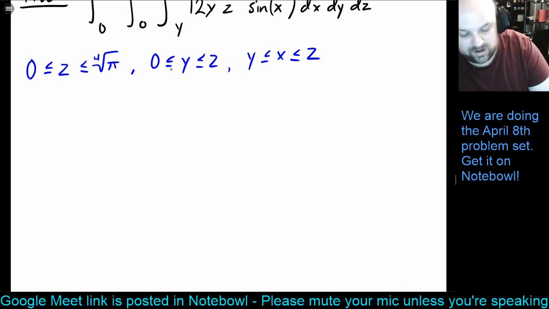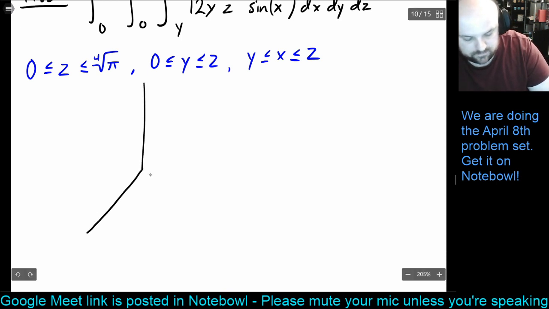Here, y and z are both greater than 0, which means x also has to be greater than 0, so all of this is going on in the first quadrant again, which is always nice.